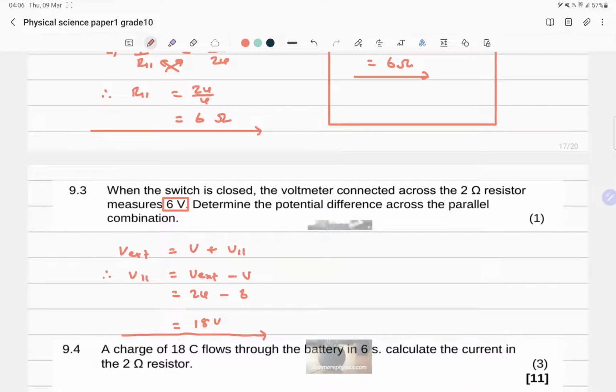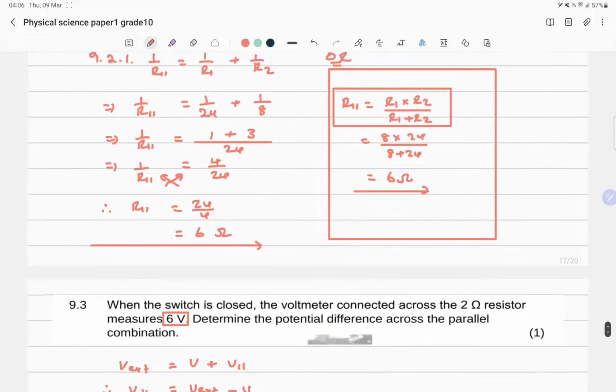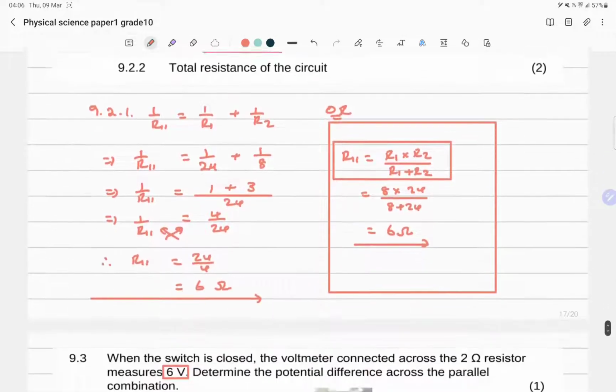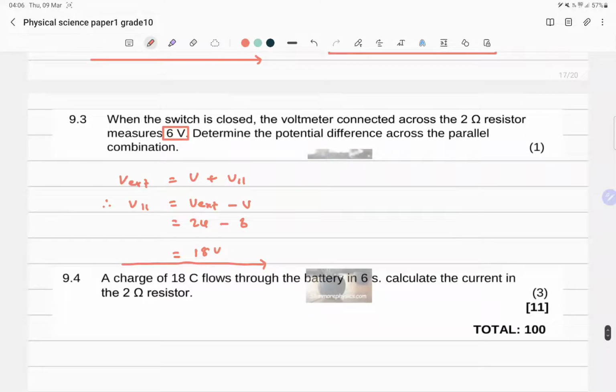Okay, so that is it. Great stuff. So again, you're only getting a mark here, so they just didn't care about how you came about it, but always know the voltage across the terminals of the battery, we call it V external, or the external voltage.